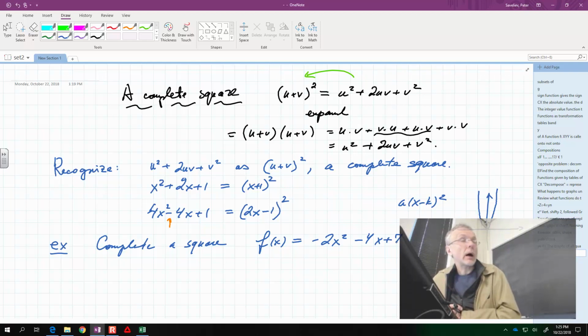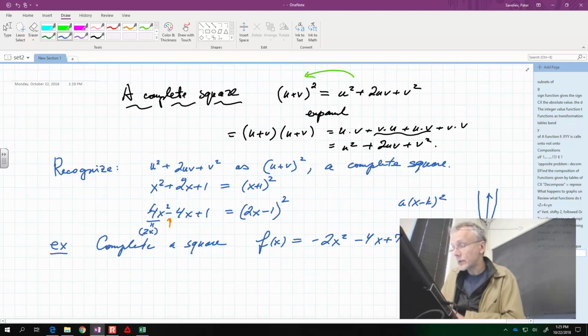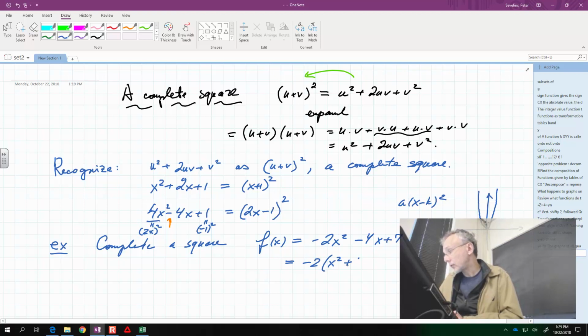Alternatively, you can factor stuff out so that you isolate x squared, rather, like this: negative 2 times (x squared plus 2x), plus 7. That way your complete square will always start with x plus something or x minus something.